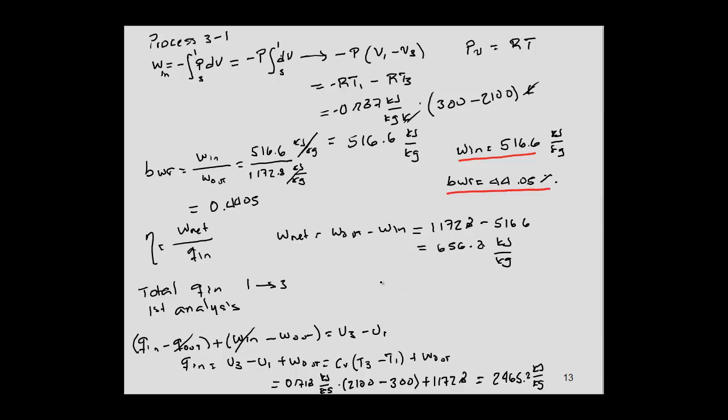And so the efficiency will be the net work, which is, sorry, the typo, 656.8 divided by 2465.2, and this is 0.2662. So the efficiency of the cycle is 26.62%.